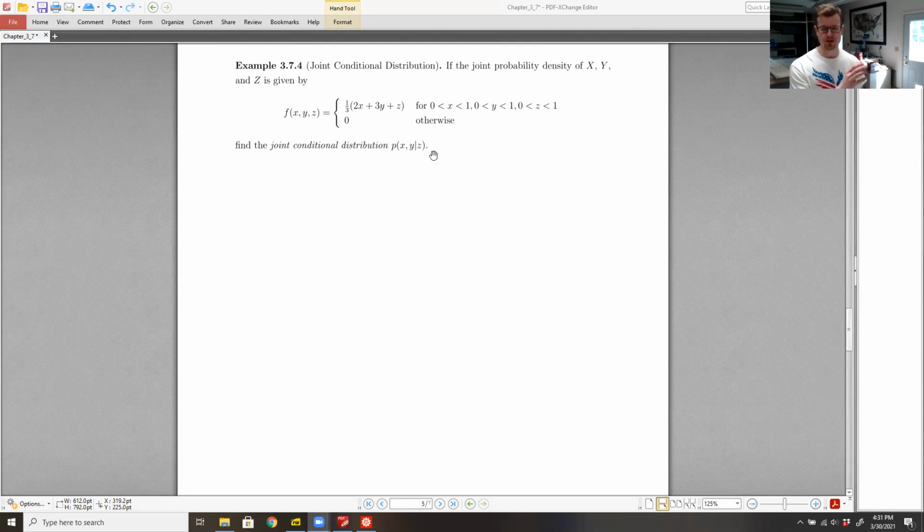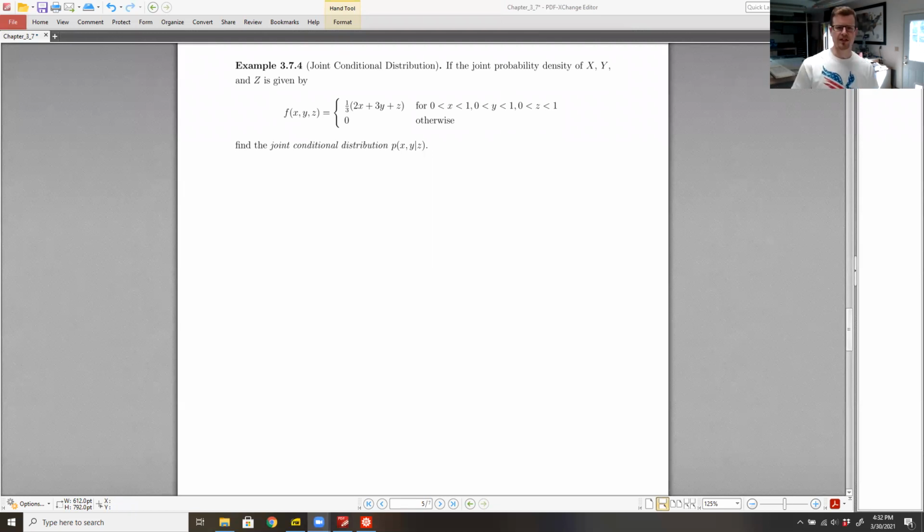It's called joint because it still depends on two variables after we essentially give a condition for one of the variables. If we were to give a condition for two of the variables, then what we would be left with is just the conditional probability or conditional density of one particular variable.